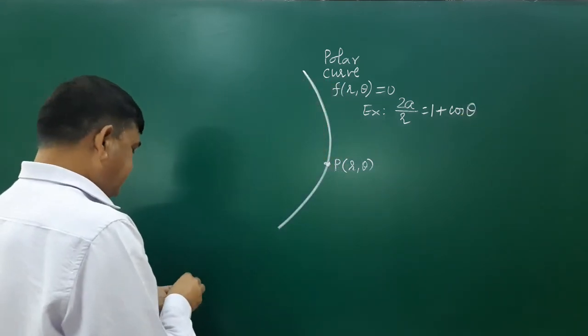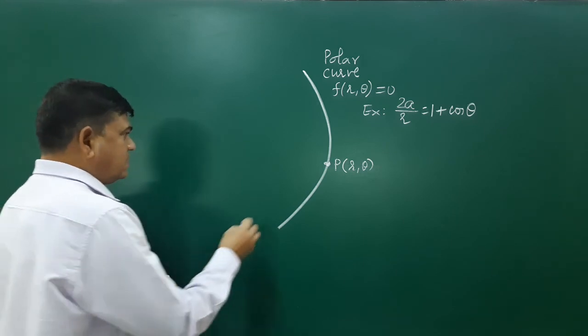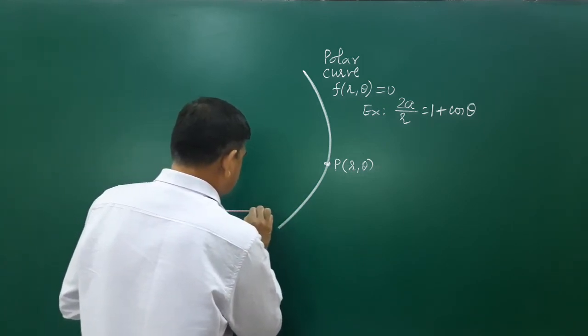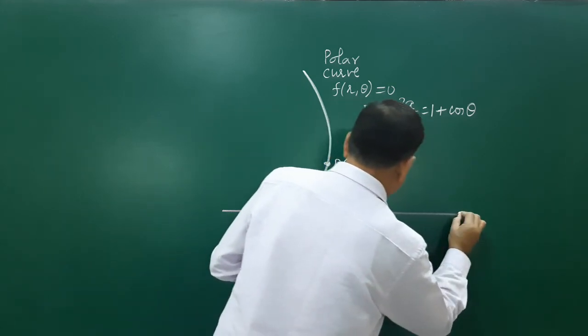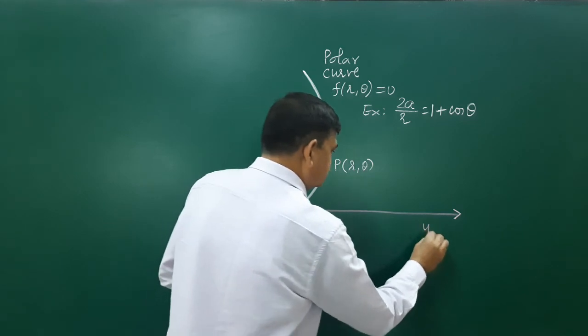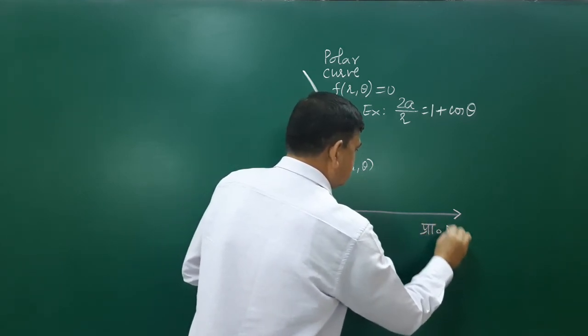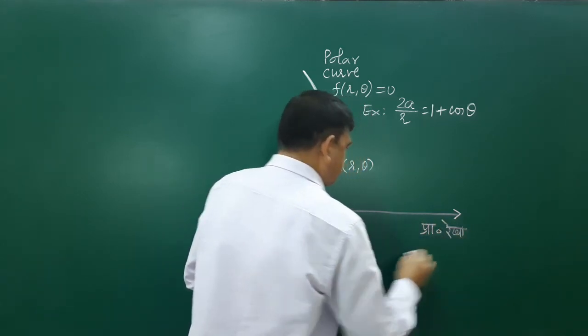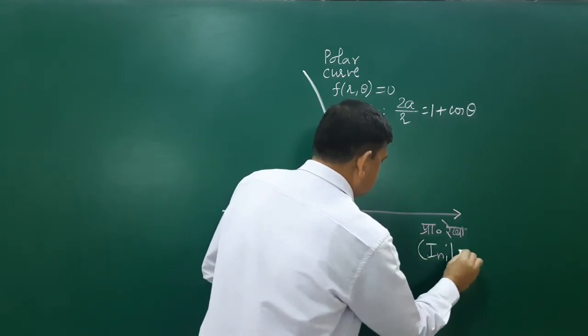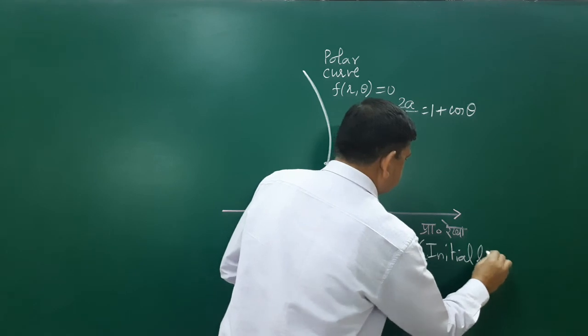As you remember, this is the polar curve, so this is the initial line.